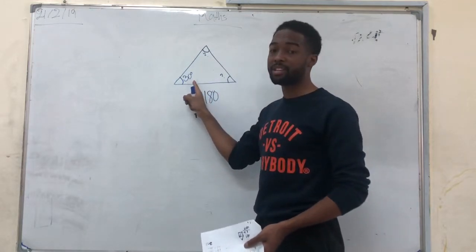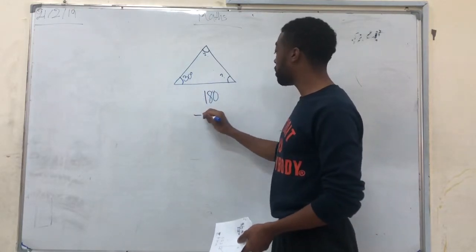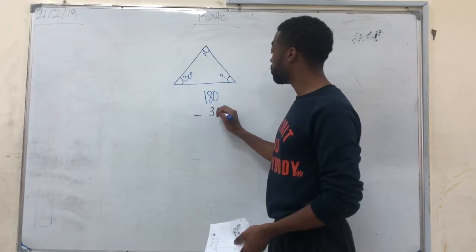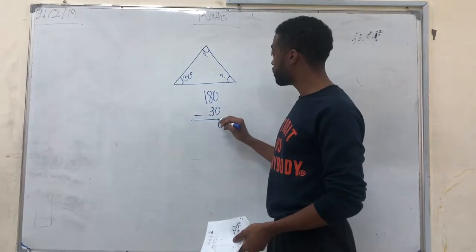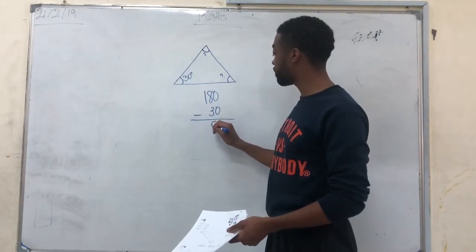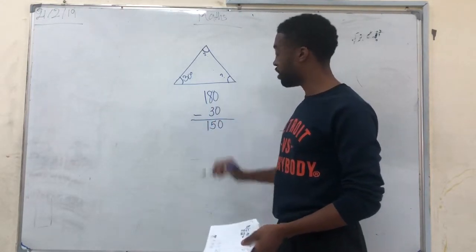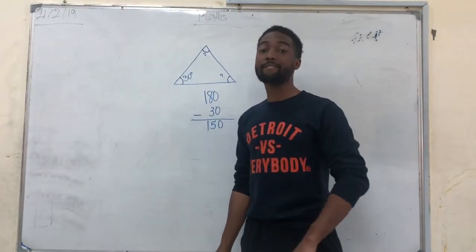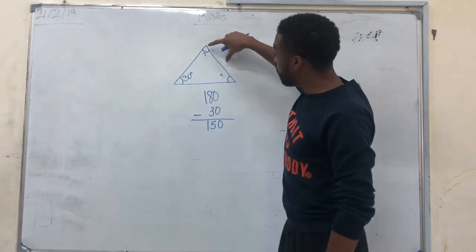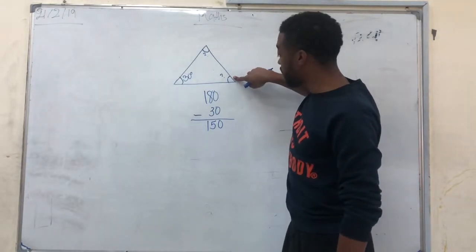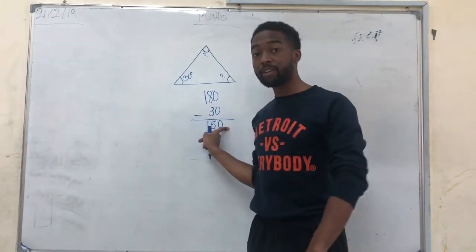They gave me this angle here. So what I'm going to do is subtract 30 from 180, which gives 150. Now, this angle plus this angle equals 150.